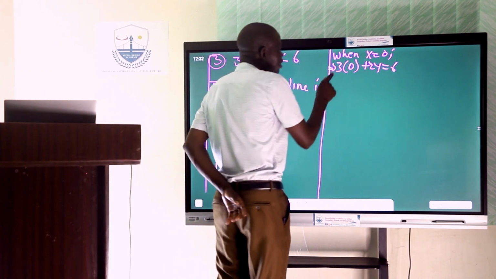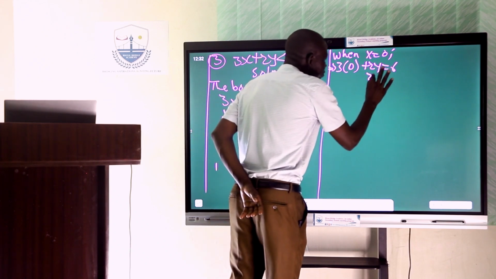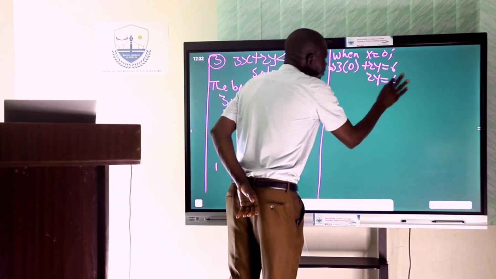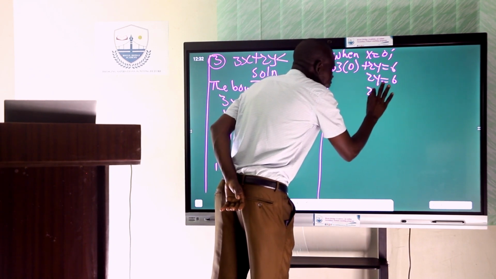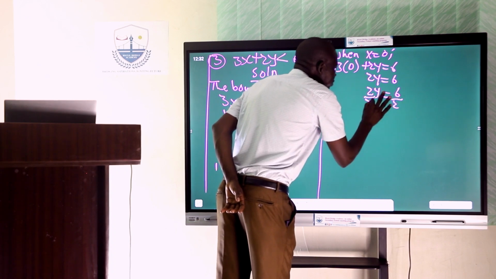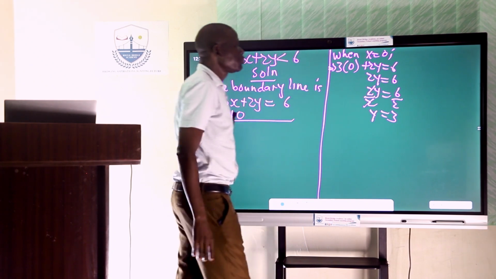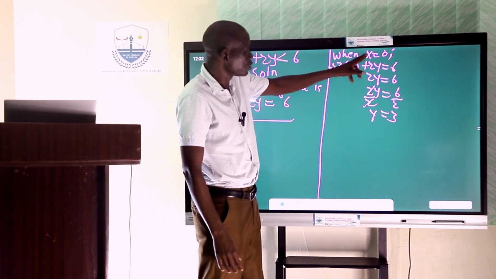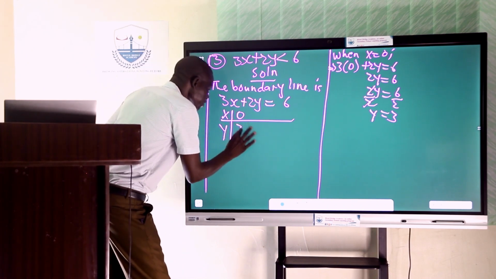Here you will find that 3 times 0 is 0. We are left with 2y is equal to 6. So I divide both sides by 2. Here 2y divided by 2 is equal to 6 divided by 2. This will cancel and y will be equal to 3. So meaning that when x is equal to 0, y is 3.